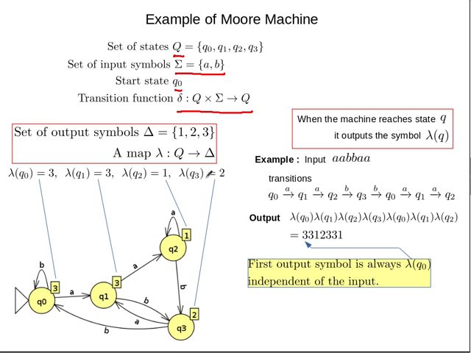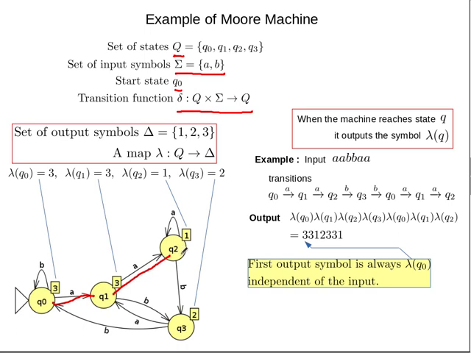And how does it provide output? Consider the behavior of this machine on this input, A A B B A A. This is coming from sigma star, so it's a string over the input alphabet. Now if you see the transitions, you start with Q0. On A you go to Q1, and then on another A, from here you go to Q2.